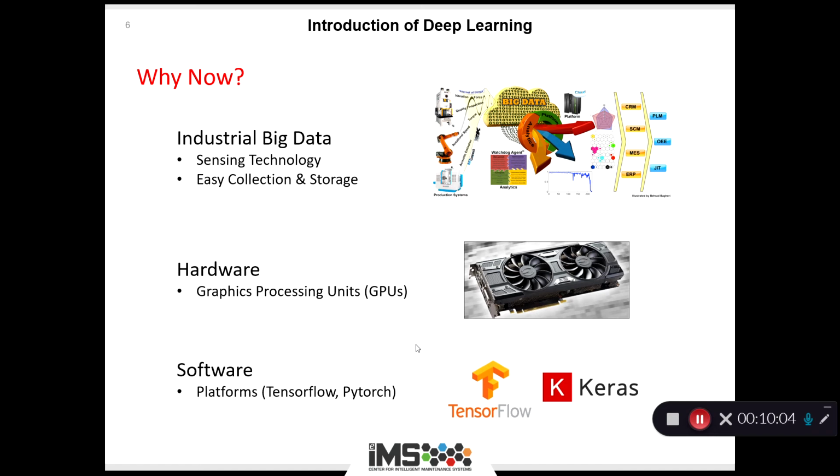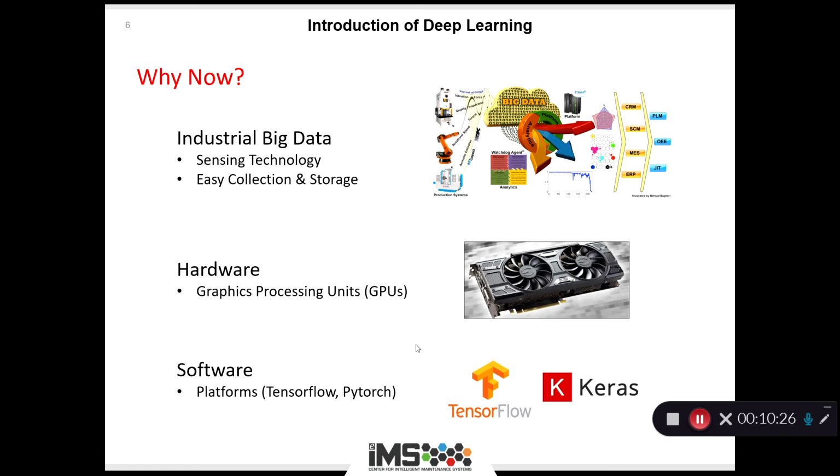Another reason is the development of the softwares. Deep learning, even though it is not very complicated, requires a lot of computations in different layers of neurons. We cannot actually build the model by our hands from the very beginning.